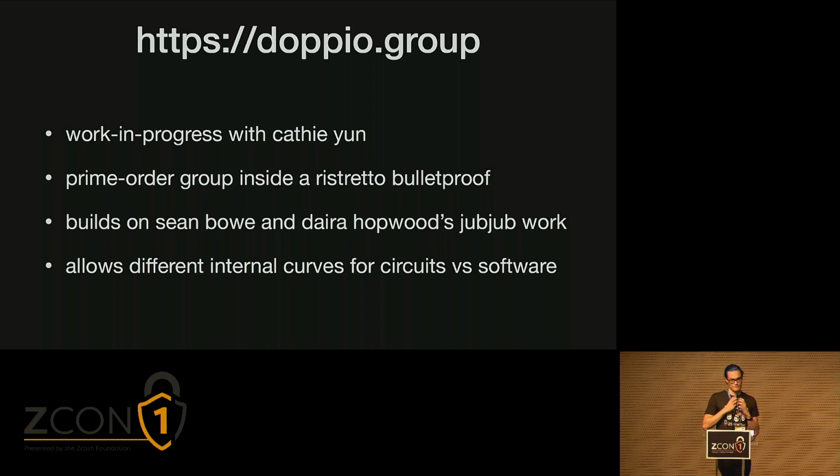So, yeah. Okay. First of all, I love decaf and ristretto and what they're trying to do. There's a different way of achieving a prime group abstraction, which is just to use the subgroup and do all of the subgroup checks.